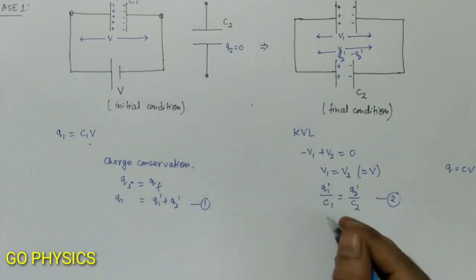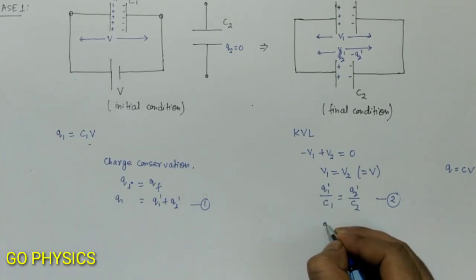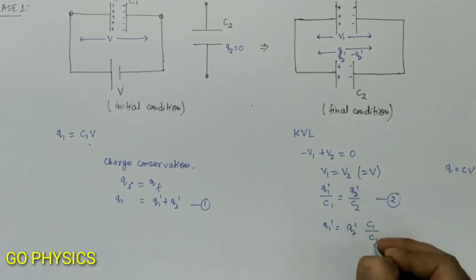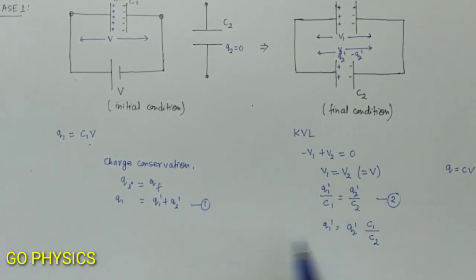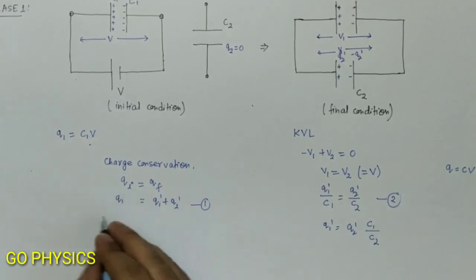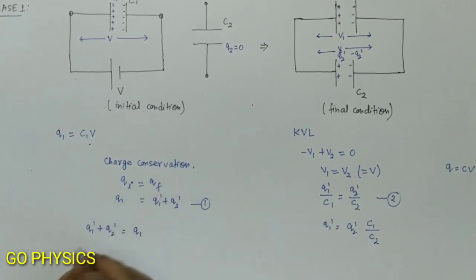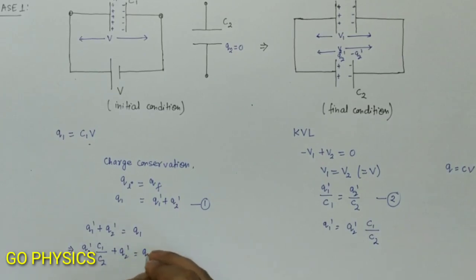Now from here, Q1 dash is equal to Q2 dash times C1 by C2. Put this value of Q1 dash here. If we substitute, I am writing this equation once again: Q1 dash plus Q2 dash is equal to Q1, and Q1 dash is equal to Q2 dash C1 by C2, so Q2 dash C1 by C2 plus Q2 dash is equal to Q1.